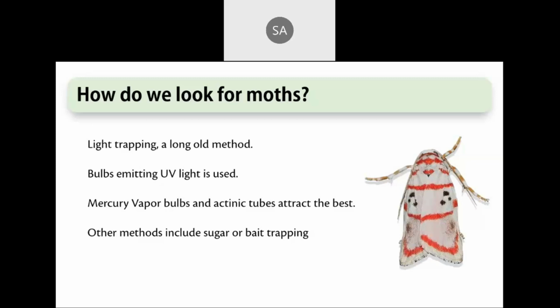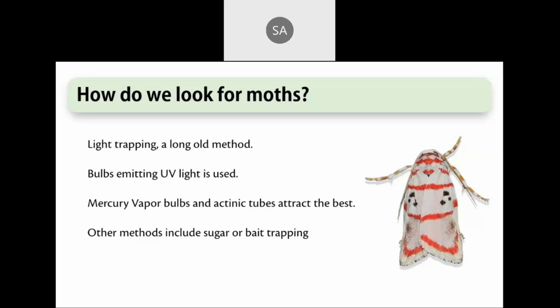So first is light trapping, a long old method. We use some specific lights or daily use common lights to see moths. And more specifically, bulbs that emit UV light are used precisely for watching moths. We can put them in different sheets, or we can use different kinds of traps. Taxonomists use traps so that they can get the specimen, but we common people do not need to capture the individual.